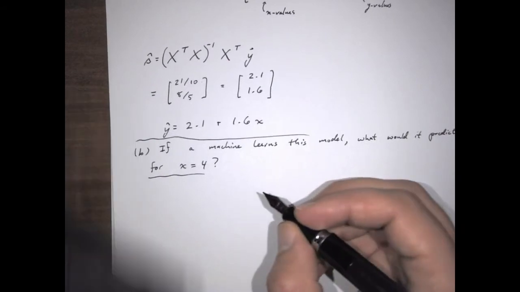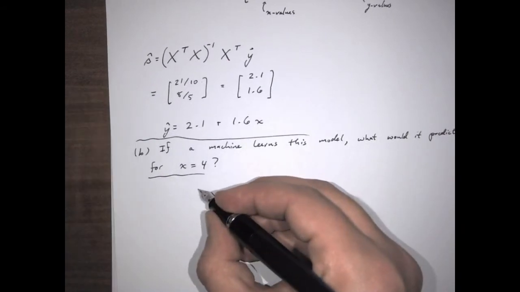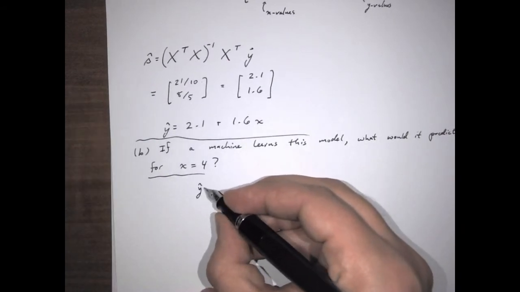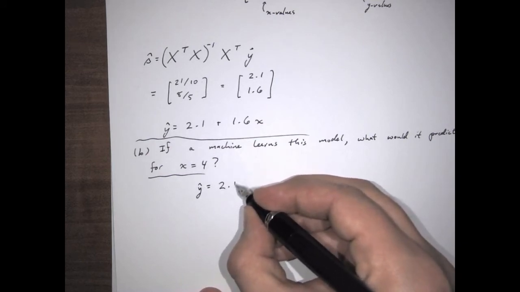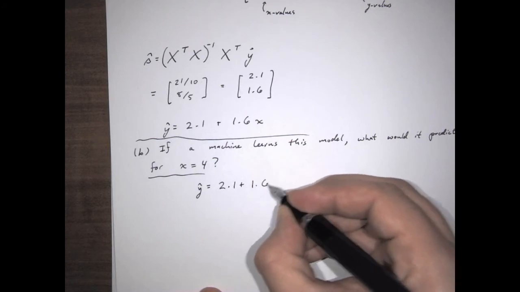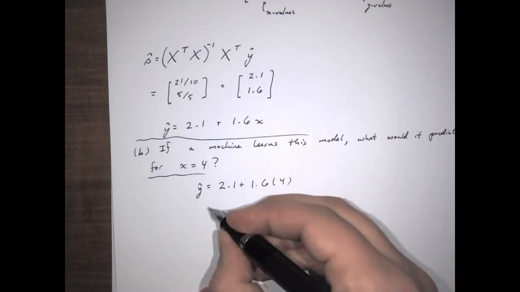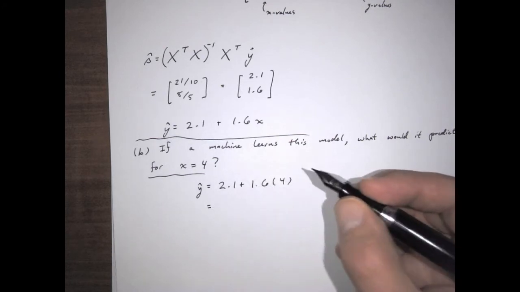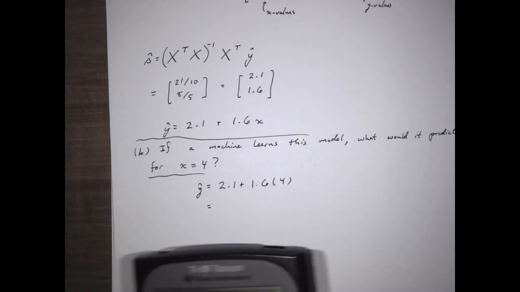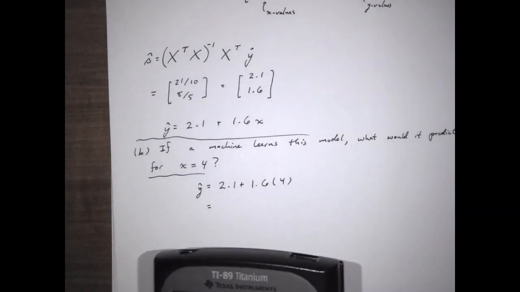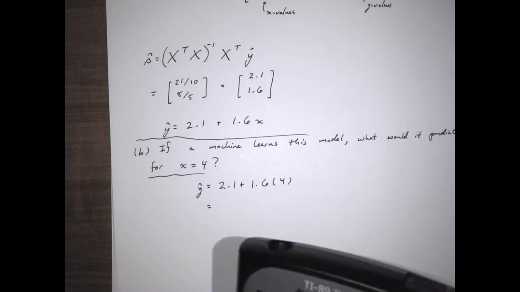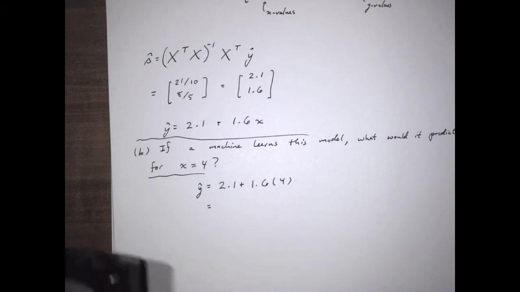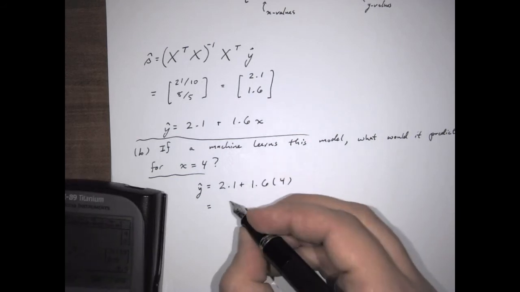So then, the predicted y value, which we can write with a y hat, which serves so many purposes, is 2.1 plus 1.6 times 4, which would then equal, according to my calculations, 8.5.